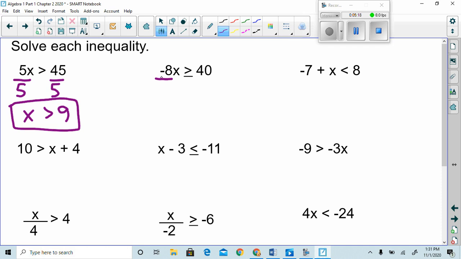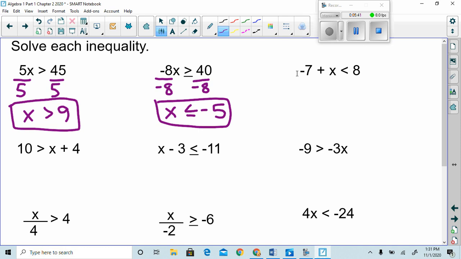If you remember the end of our last class, we had a list of important things, and here's one of them. Anytime you multiply or divide by a negative, you must reverse the direction of your inequality. Always look at the sign in front of each number.